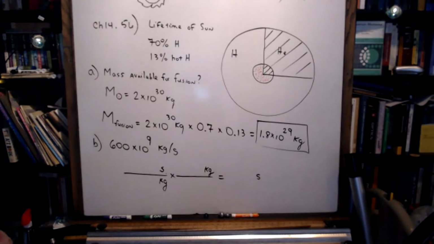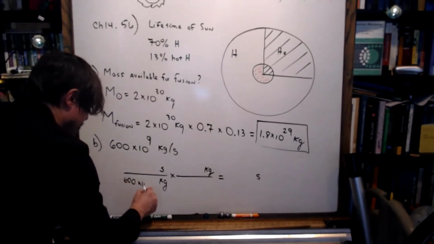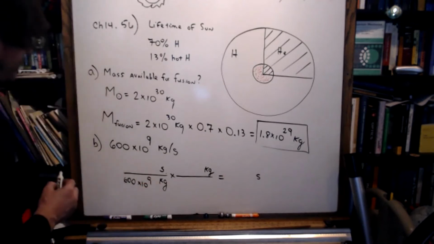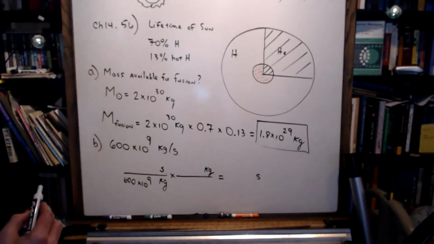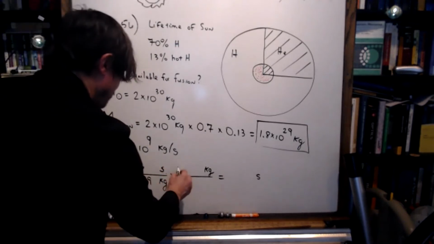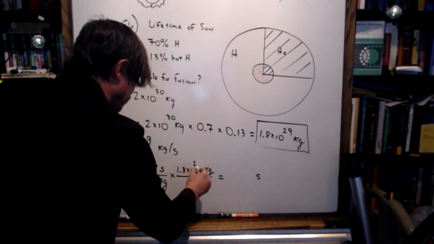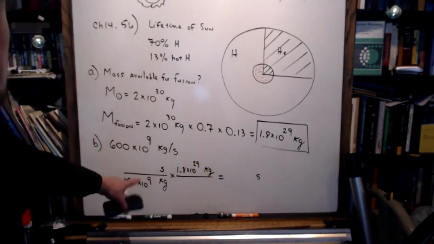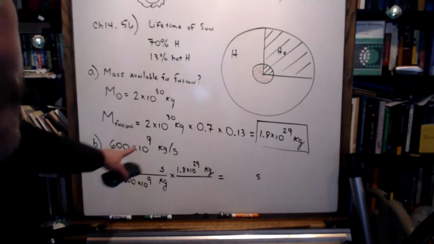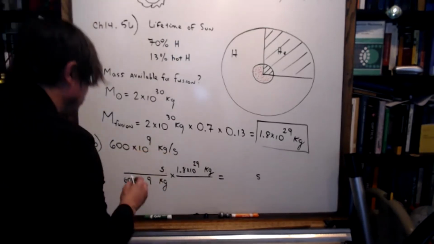You want the 600 times 10 to the 9 on the bottom where the kg is. And then the 1.8 times 10 to the 29 on the top, on the right side. The one thing I would do, just for the sake of class, is write it as 600 billion kilograms per 1 second.